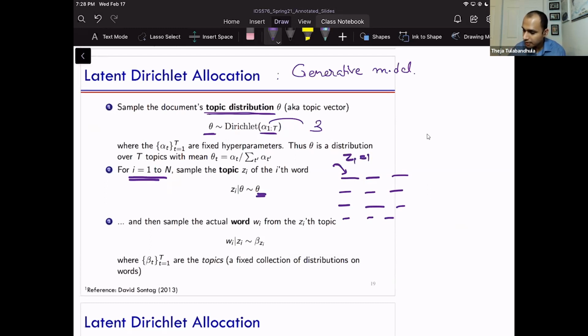Similarly, the second word is z2 equal to, let's say, topic 3, and so on. I'll assign z3 equal to 1 and so on, all the way to z200 equal to 2. So I'm going to assign topics to the blanks without filling in the words first. That's step 2.